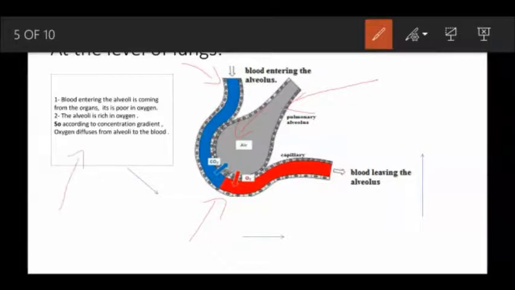So read this box. Blood entering the alveoli is coming from the organs. It is poor in oxygen. The alveoli is rich in oxygen. So according to the concentration gradient, and as we said in the diffusion principle, oxygen diffuses from alveoli to the blood, so from high concentration medium to low concentration medium.